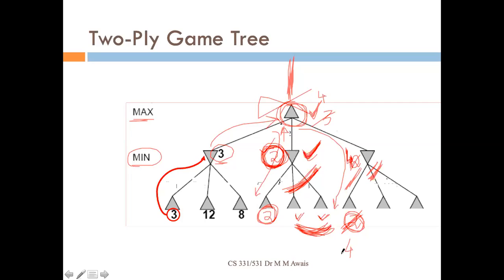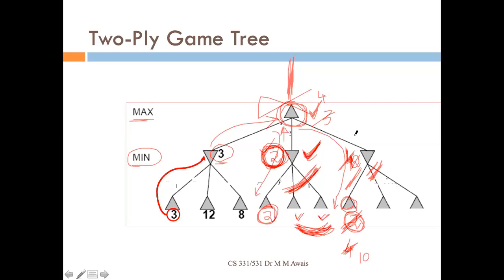So let me just put another number here. Let's say the evaluation here is, let me put this, that I get the value 10 here. I mean probably this would be a better example. So suppose the evaluation of this node is 10.